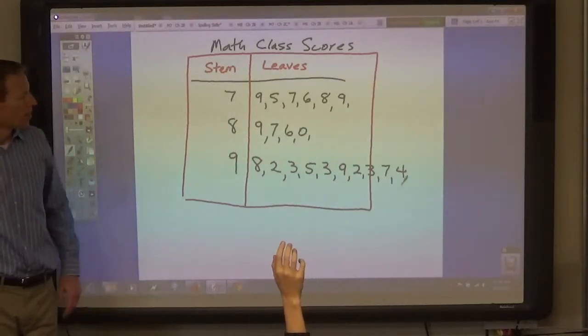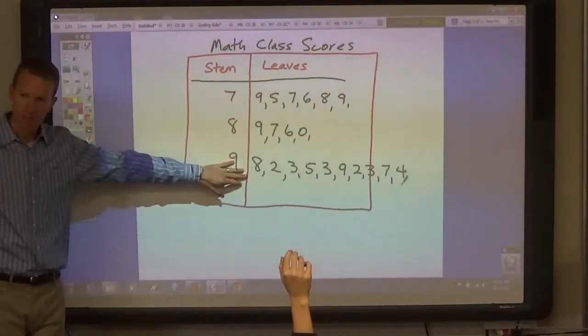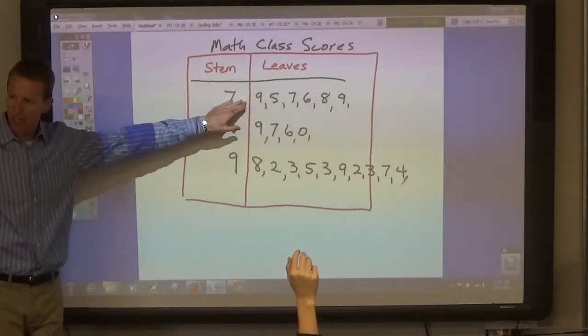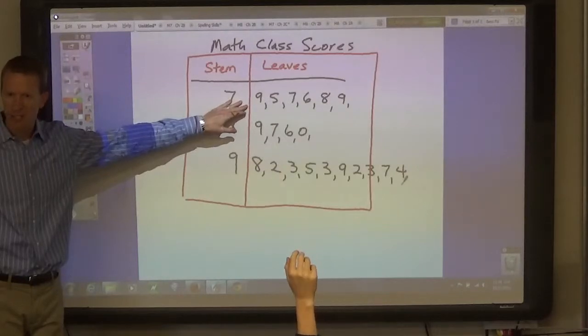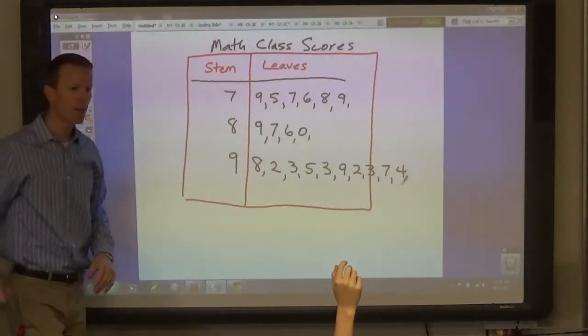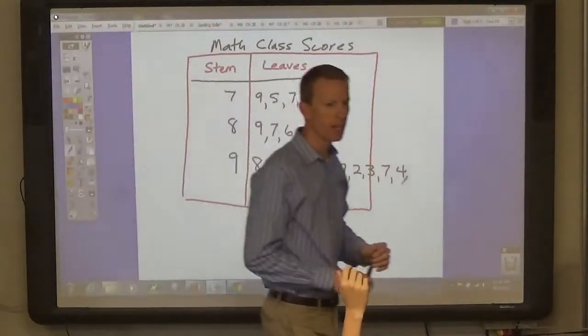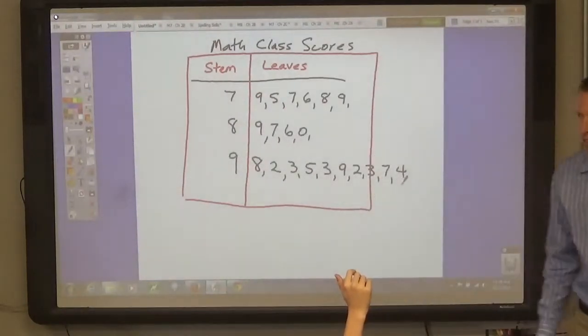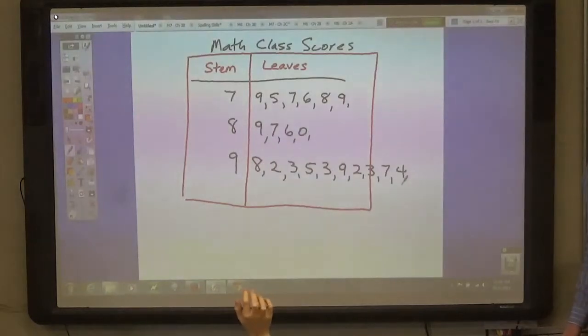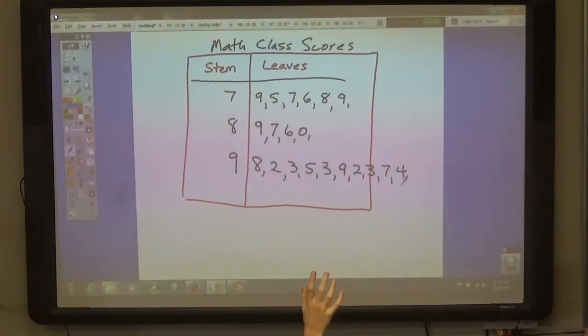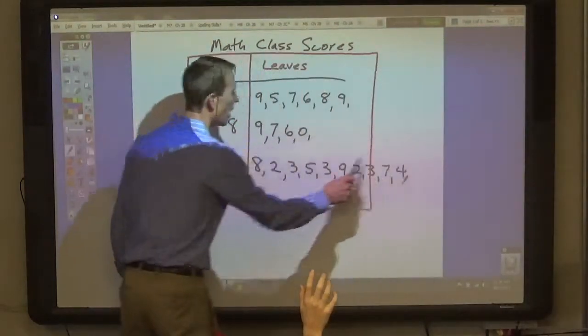Now, the great thing about these is it works kind of like a tally chart, except that we can get more information from this. Which one had more scores? The 90s. There were more scores in the 90s than any other one.